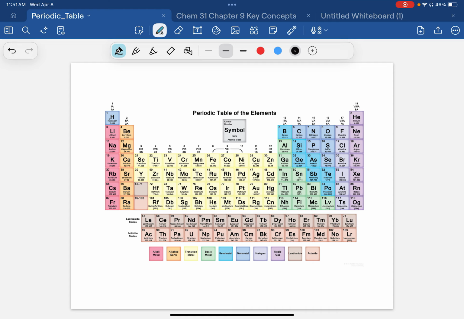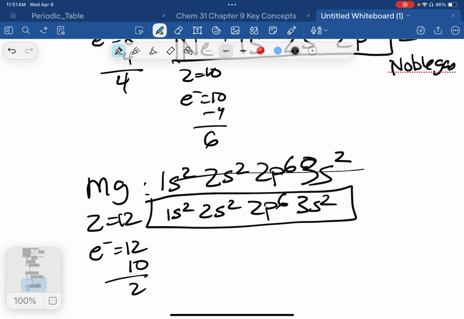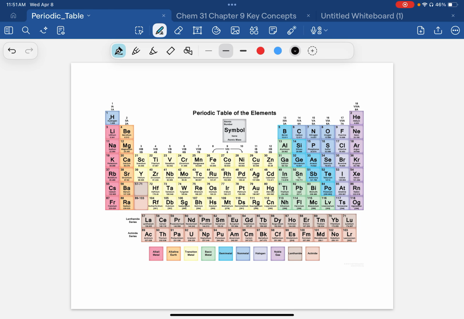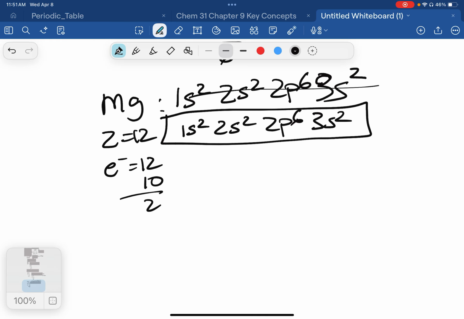Jumping to another idea, for fun, let's look at phosphorus because it's there. Phosphorus has an atomic number of 15. Therefore, we have 15 electrons because it is a neutrally charged atom. So we're going to have to put these in order. We already know where the first 12 are going to go.